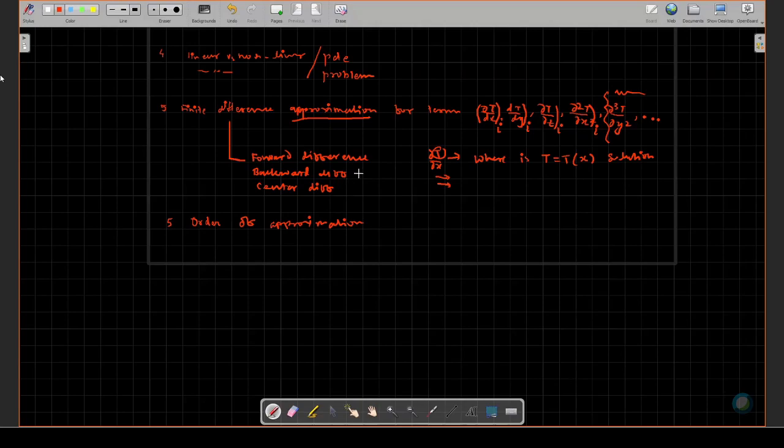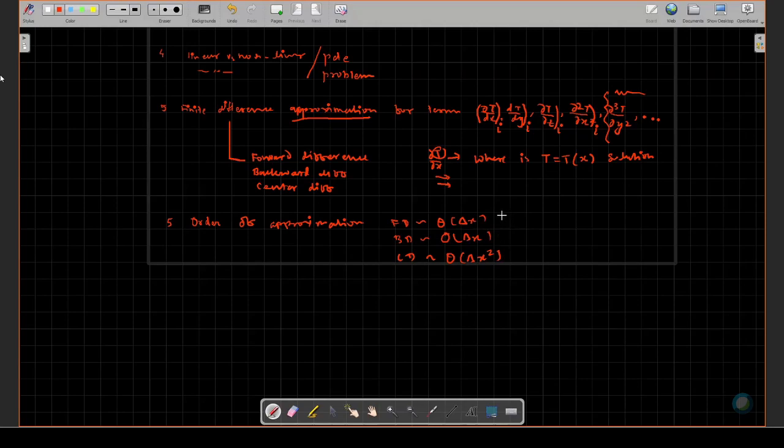We found that the forward difference is of order delta x, the backward difference is also of order delta x, and the central difference is of order delta x square.